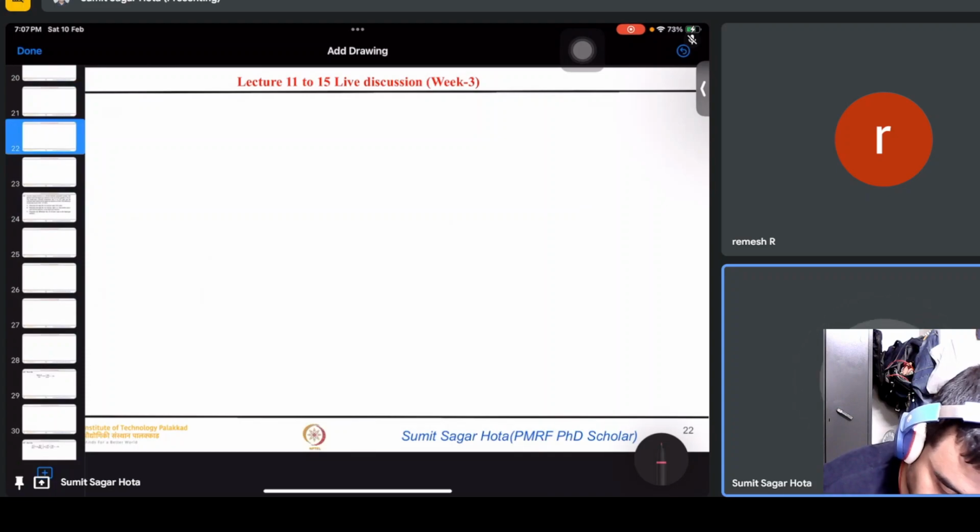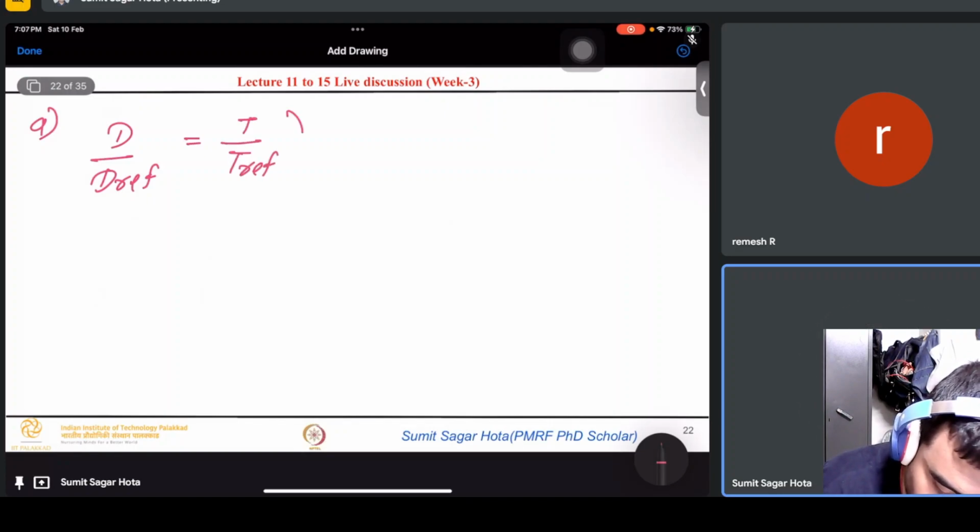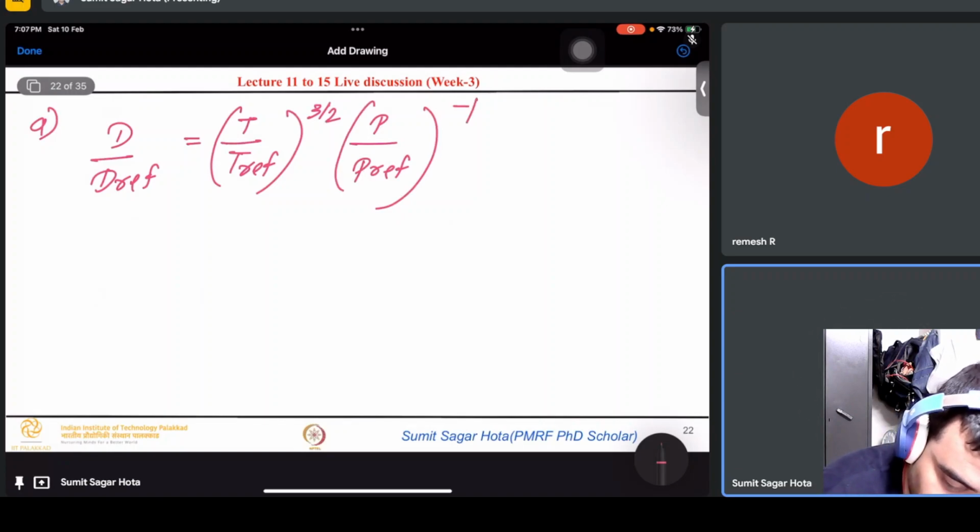Now we solve for the first part. D by D ref is equal to T by T ref to the power 3 by 2 times P by P ref to the power minus 1. Okay.